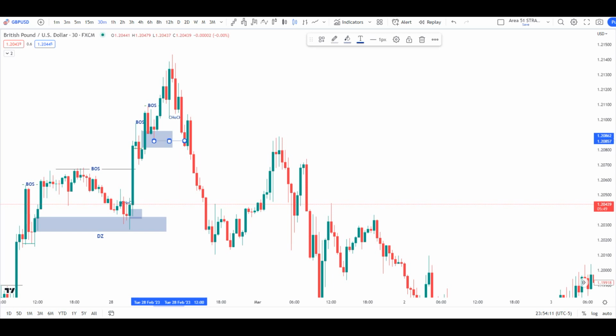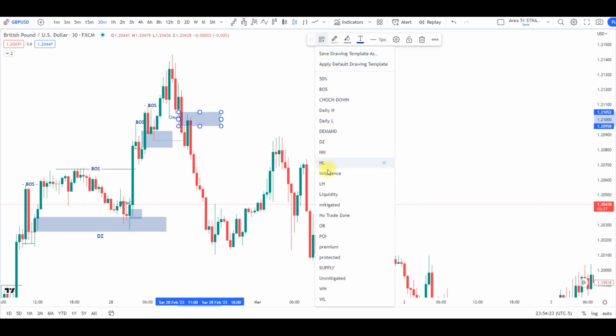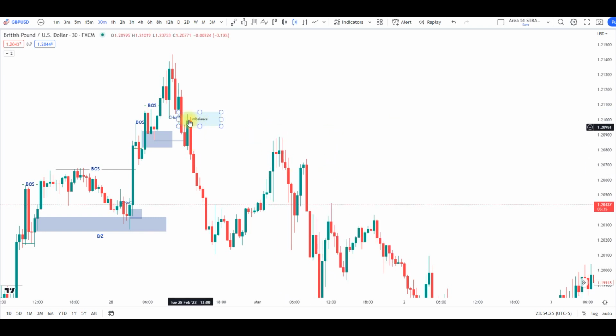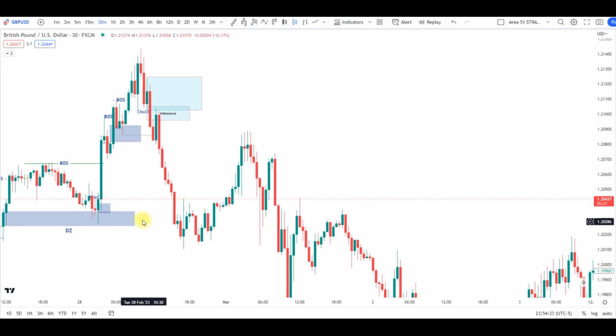What happened after that is the price created an internal market structure, filling this imbalance between this candle and this candle. So the price went back, tapped on the imbalance, and then realigned with the original market sentiment. The price continued going down again.